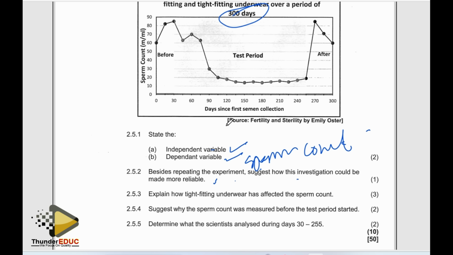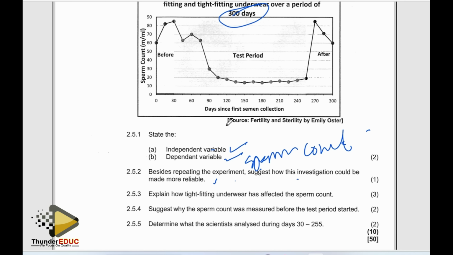Randomize your samples. You understand? You can also randomize the participants. Don't just make them, let it be random. Just exchange them. Besides repeating the experiment, we have done that. Increase the number of individuals from 5 to more, and also talk about the randomization of the individuals.